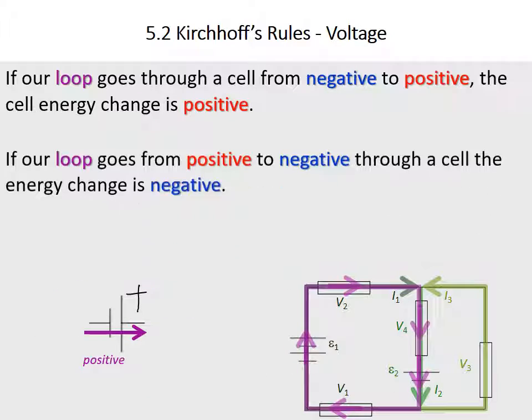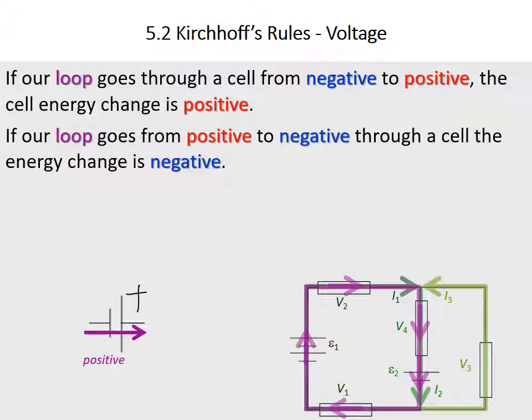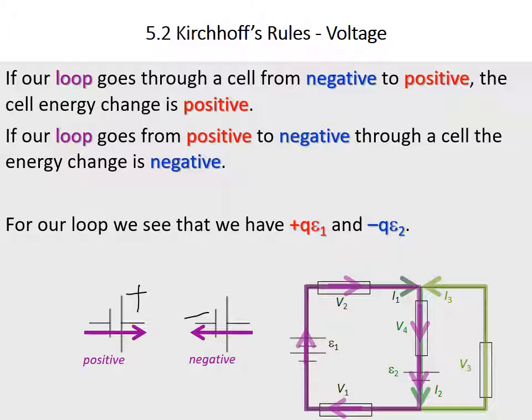If our loop goes from positive to negative through a cell, the energy change across that cell is negative. Again, kind of like flag football. Whatever you grab at the end, that's what you go with. For our loop, we can see that epsilon 1 is positive, and the energy change across epsilon 2 is negative.